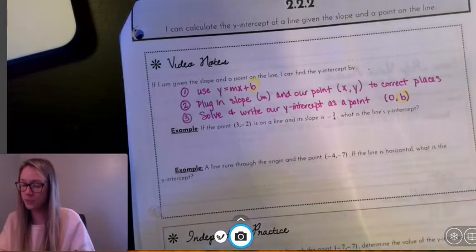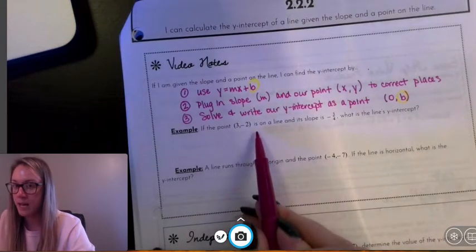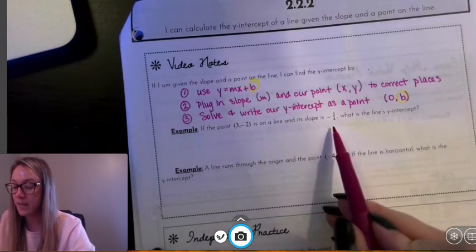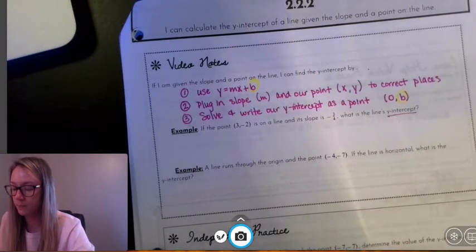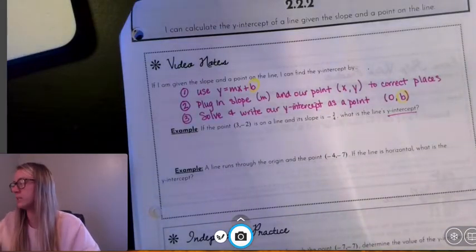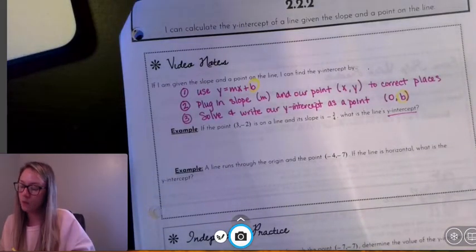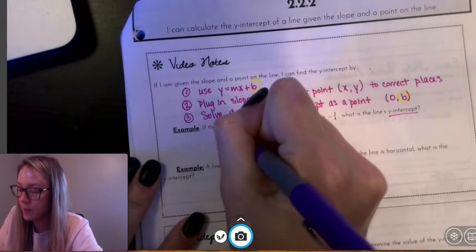So we're going to go through the first example. If the point 3 comma negative 2 is on a line and its slope is negative 3/4, what is the line's y-intercept? So I want to label what I know. So I'm going to grab a different color. So we have a point. Every point has an x and a y, so I'm going to label that.